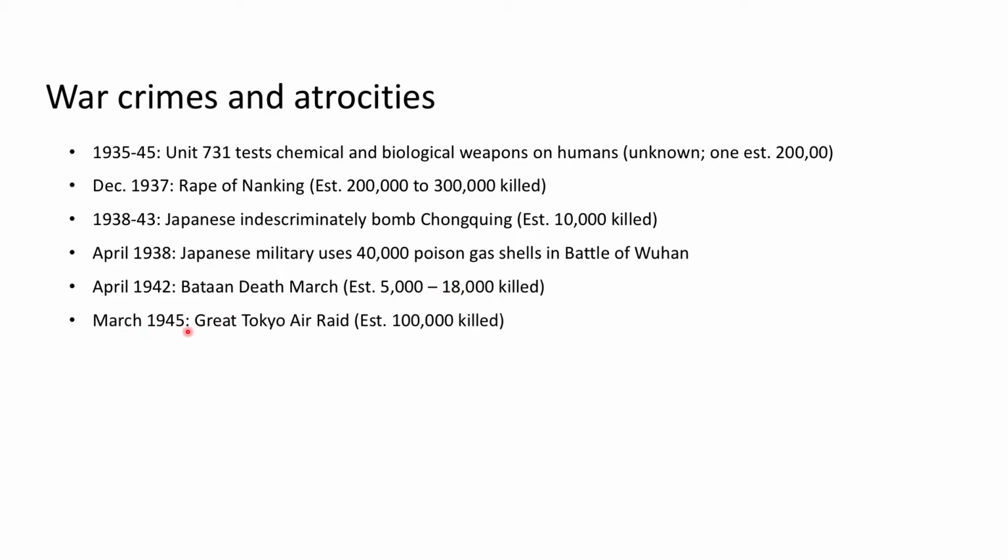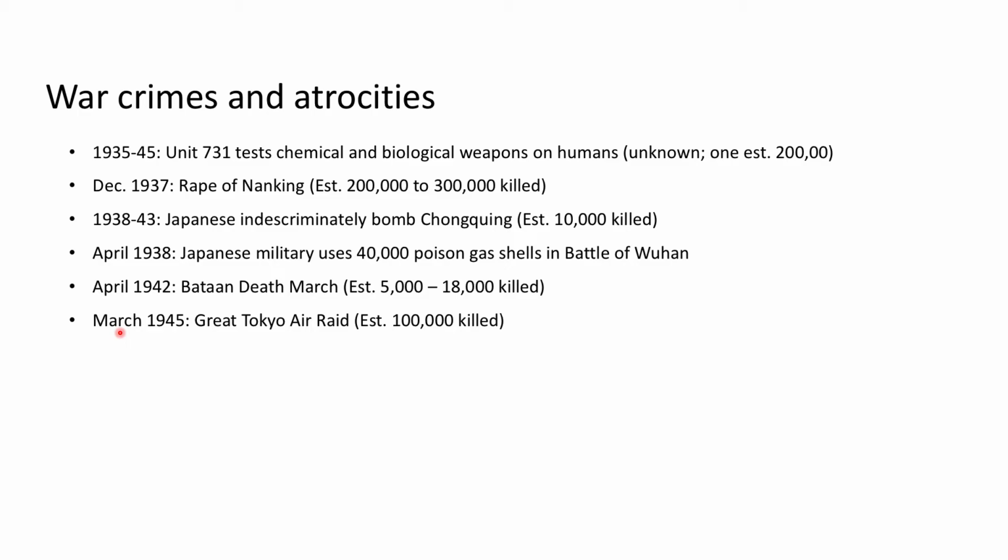In March 1945, then, from November 1944, the United States had begun to launch air raids against the Japanese mainland. And these were essentially indiscriminate bombings using incendiary fire bombs designed to terrorize and kill masses of civilians.